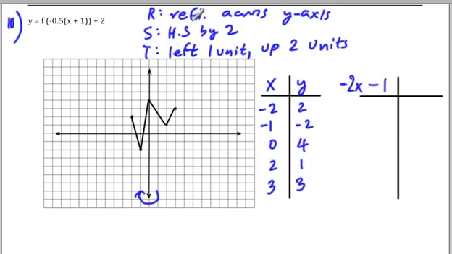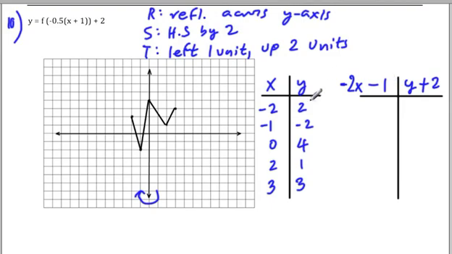Let's look at the y's. There's a reflection across the y-axis, but not across the x. So in other words, the y's are not reflected whatsoever, okay? Is there any stretch in the y's? No, I don't see any vertical stretch. So basically the y's stay put. And let's look at the translations. It's up 2 units, so it's going to be plus 2.